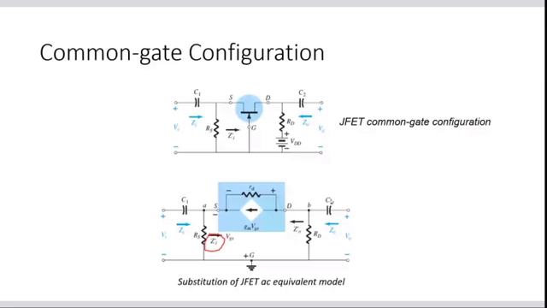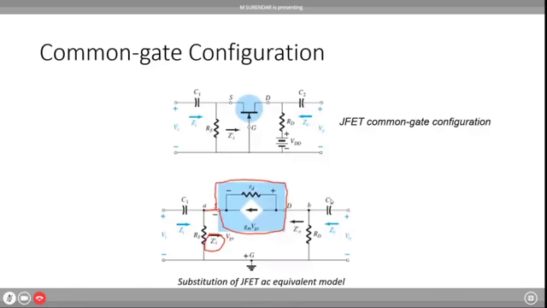I am starting from here, taking this complete circuit, and I am ending through this. So this is the endpoint. I am starting from node A and traveling through the AC equivalent circuit, and I am ending at the ground.